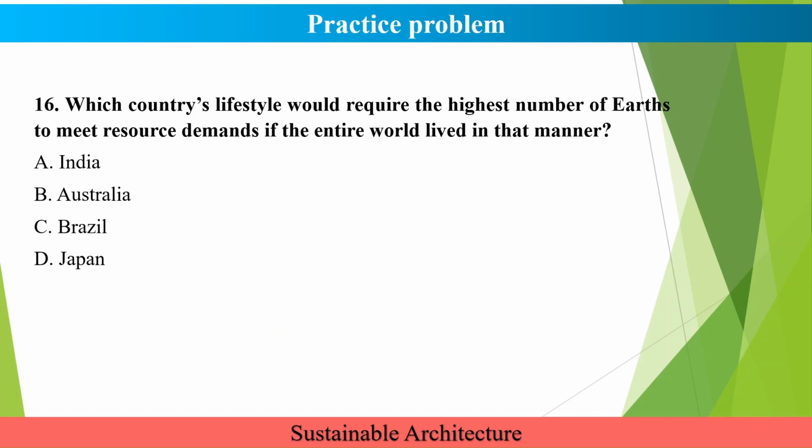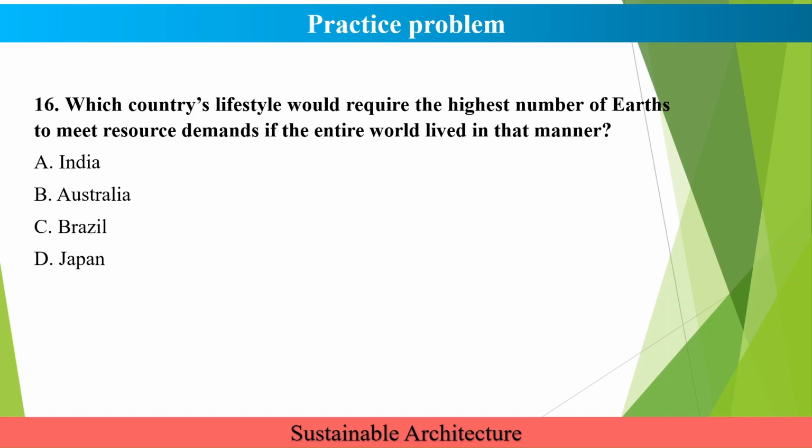Option B, Australia. Based on the chart that ma'am has shown, how far is every country, if you have understood that chart very well, then based on that you can easily answer this question.